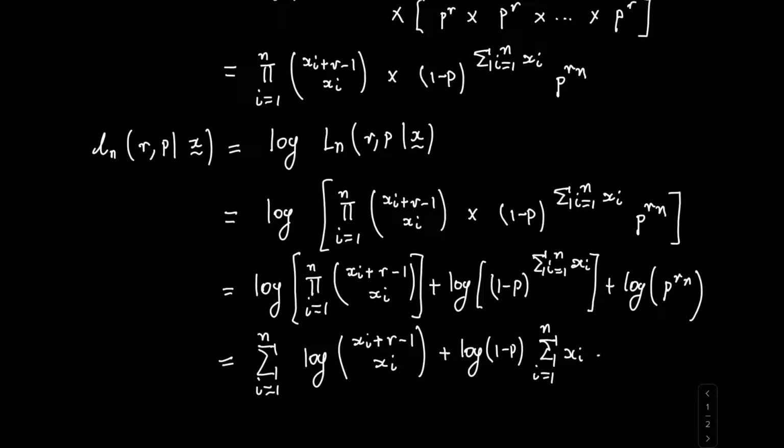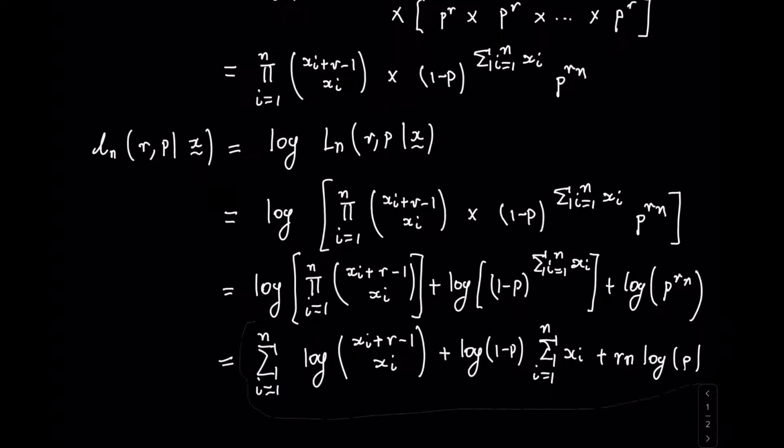And then finally, we're going to do something similar here. With our r to the n, we've got p to the rn. We can bring the rn out the front, and that's exactly what we'll do. We've got rn log p. And there we have it.